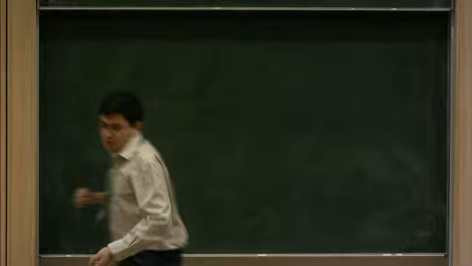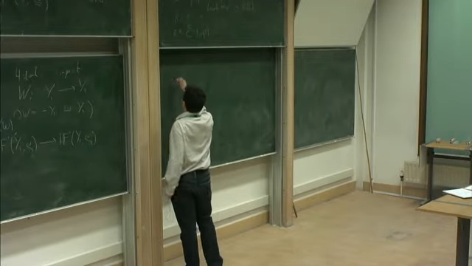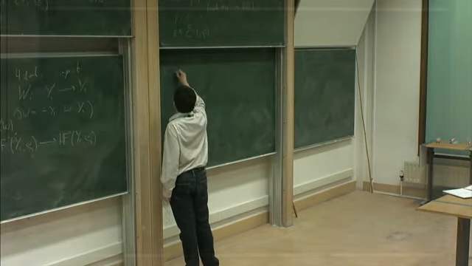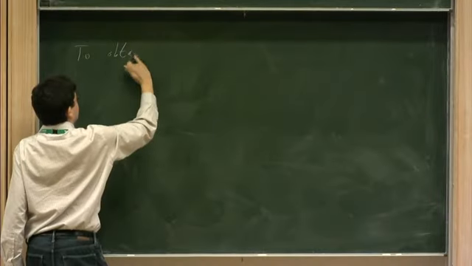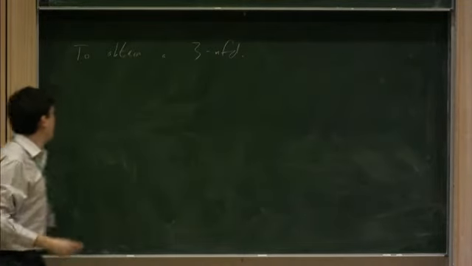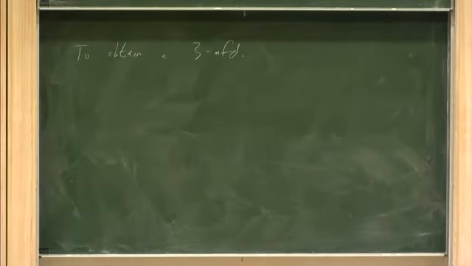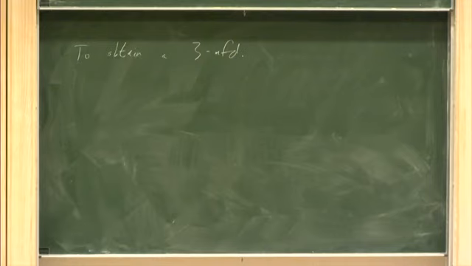So how does this correspond to a three-manifold in some way? What we're going to do to obtain a three-manifold from such a diagram, let's maybe try to draw a picture. The general rule is alphas are red, betas are blue.